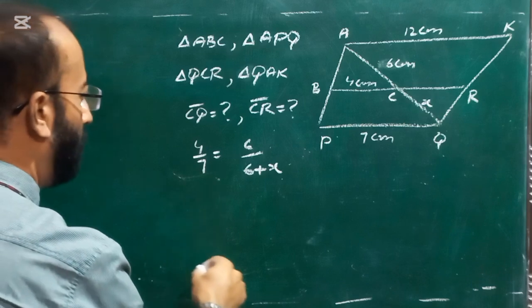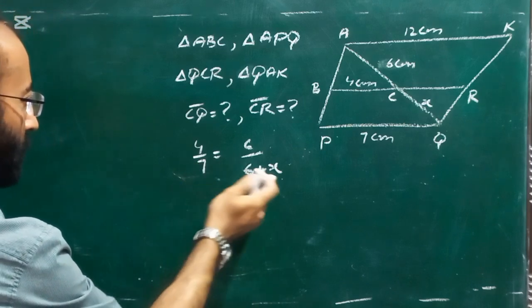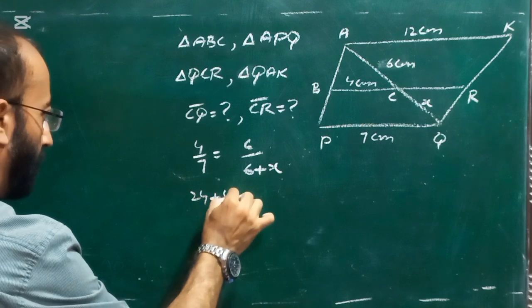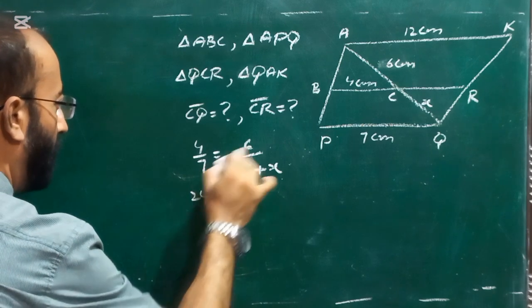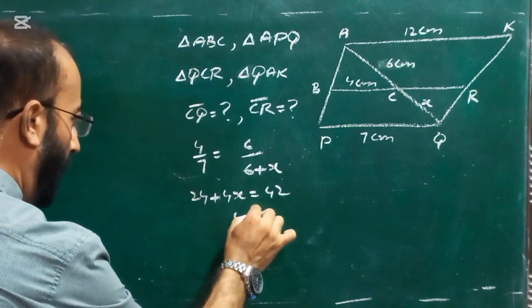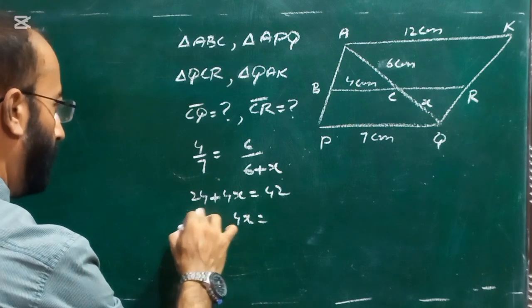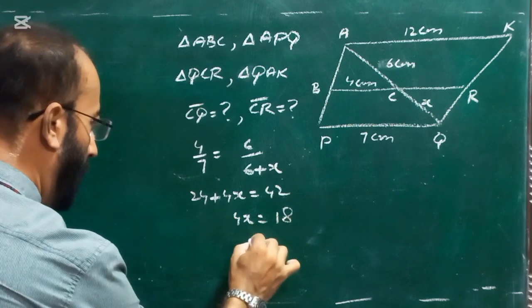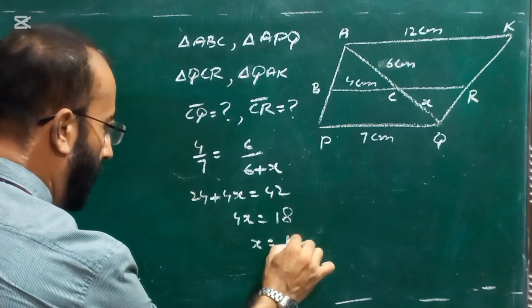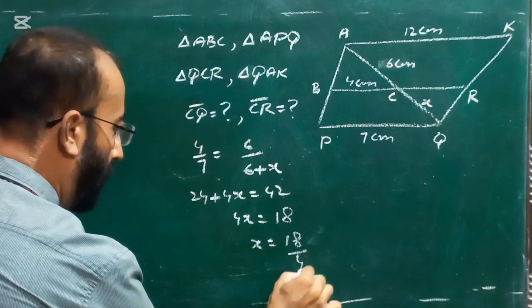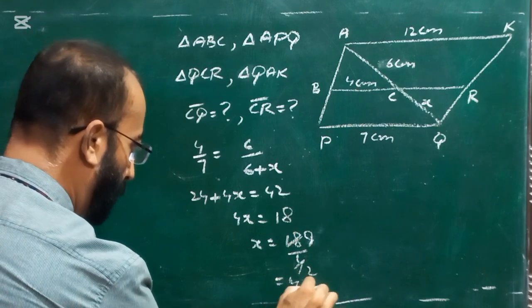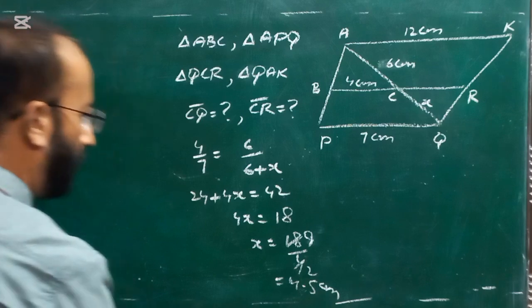Cross multiply the values. So 24 plus 4x will be equal to 7 sixes are 42. And 4x will be equal to 18, and from here you will find the value of x, 18 over 4. So it will be 4.5 centimeters.